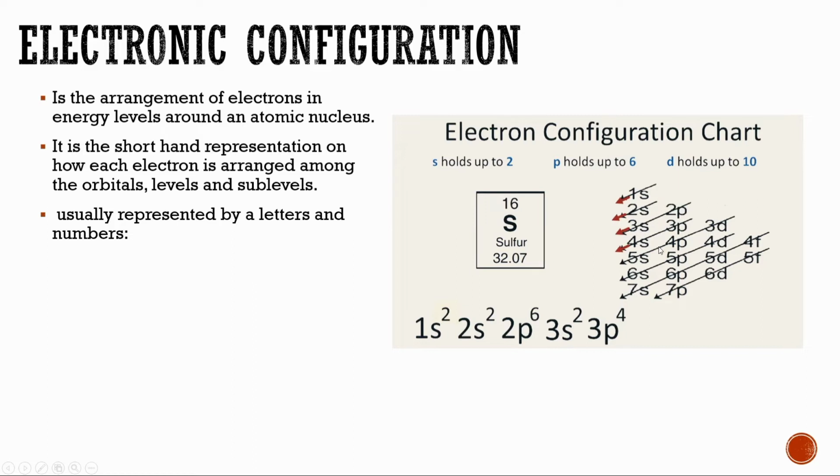Hanggang marating po natin ang 16 na electron. 16 amount of electron. So, we are going to have 1s2, 2s2, 2p6. Kasi 6 po ang kayang i-hold ng p block or p subshell. And then, pababa ulit ng 3s.